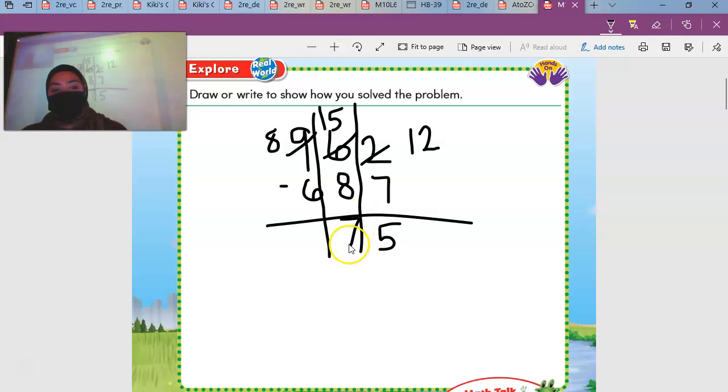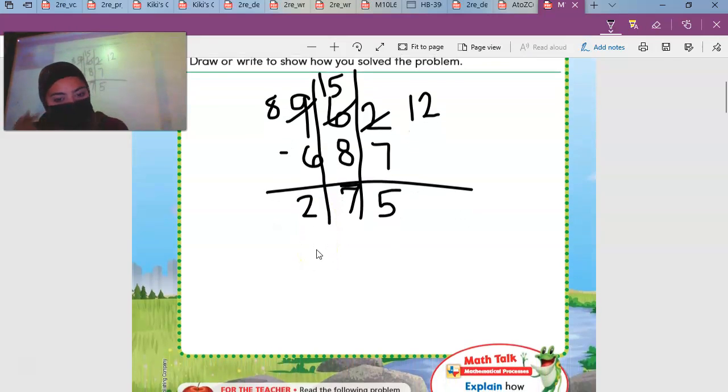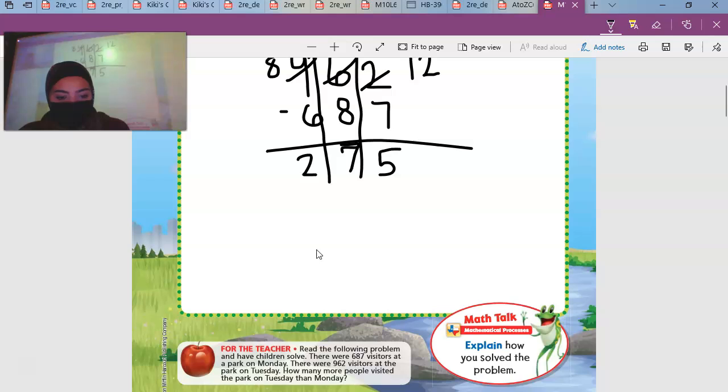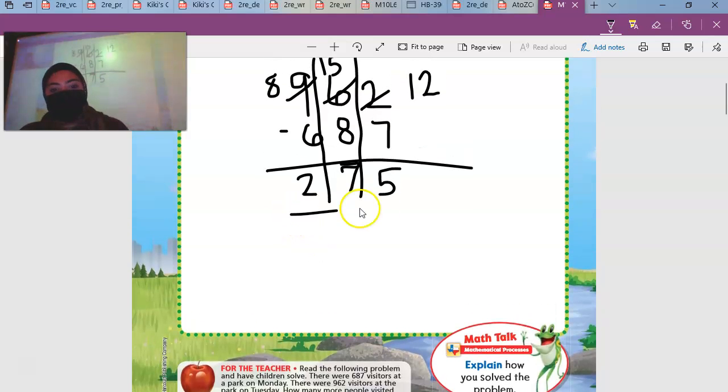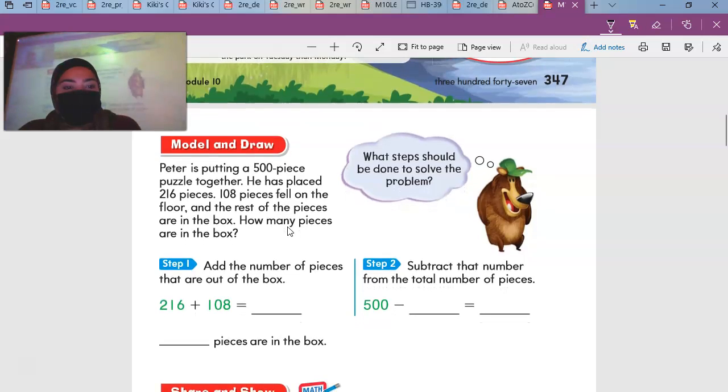You're right, 7. And then 8 take away 6 is 2. What's your answer? 275 visitors. Good, I'm glad.